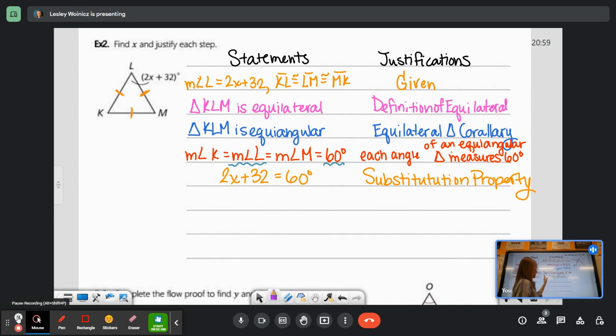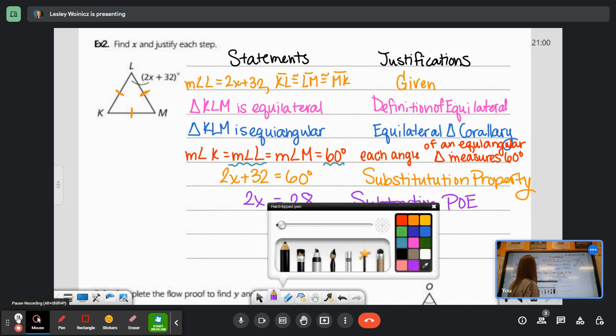We can subtract 32 from both sides, and we get 2x equals 28. That is the subtraction property of equality. I'm not going to make it. I'm just going to say POE. Okay, property of equality.